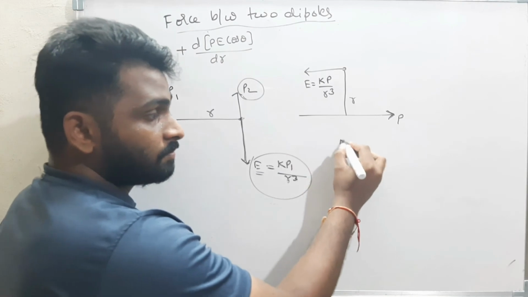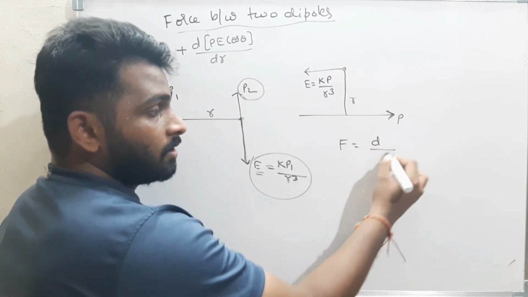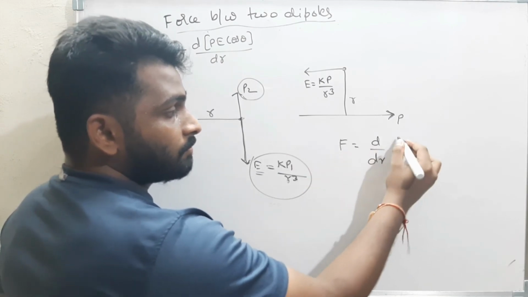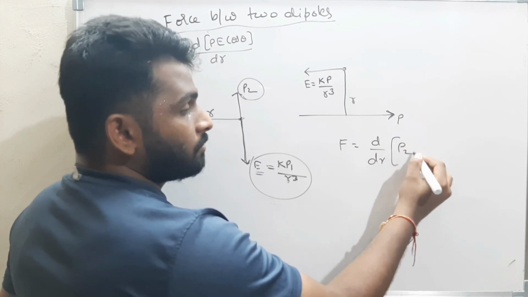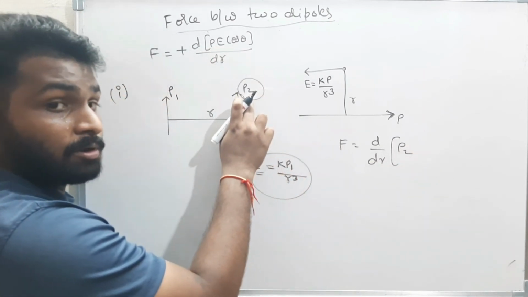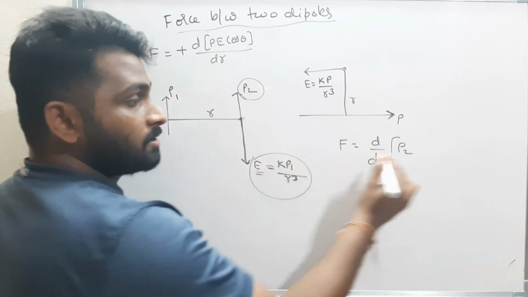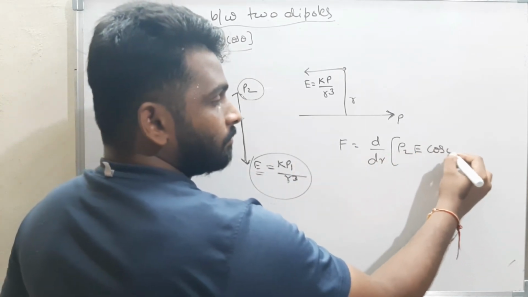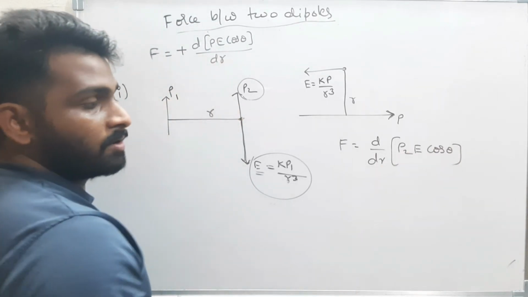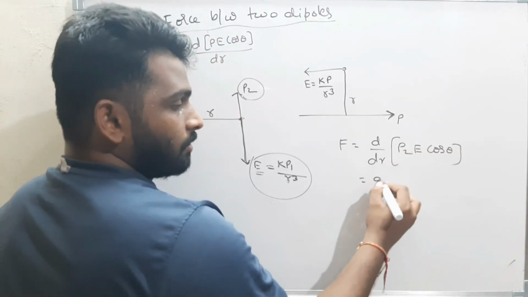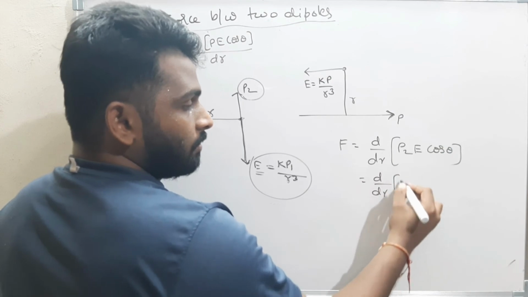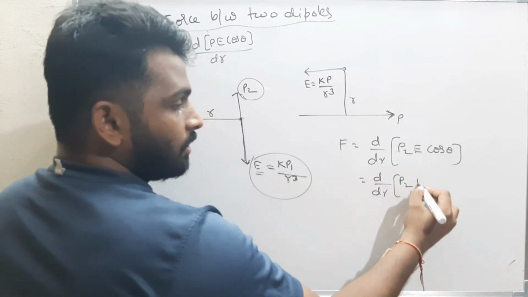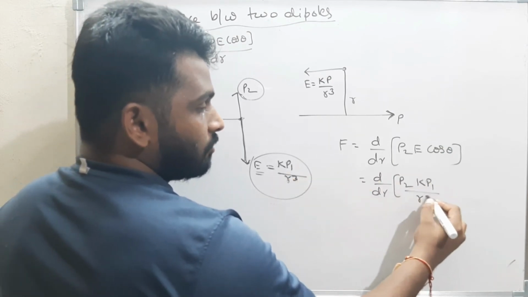What is the force? The force is d by dr of P2 E cos theta, where the electric dipole is P2 and the electric field is E. What is E? E is kP1 by r cube. So d by dr of P2 times kP1 by r cube cos theta.